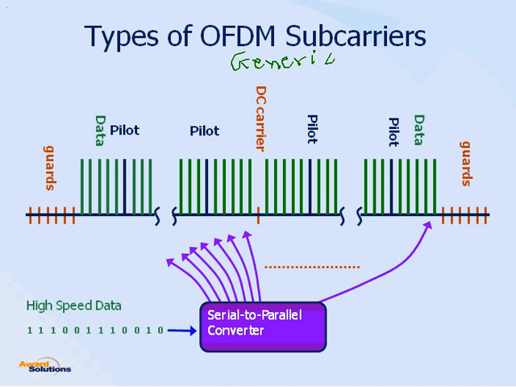For LTE itself, we will discuss exactly what types of subcarriers we have in the next session. In any case, we have one subcarrier called DC, direct current. It is right in the center of the spectrum, and it is not transmitted.